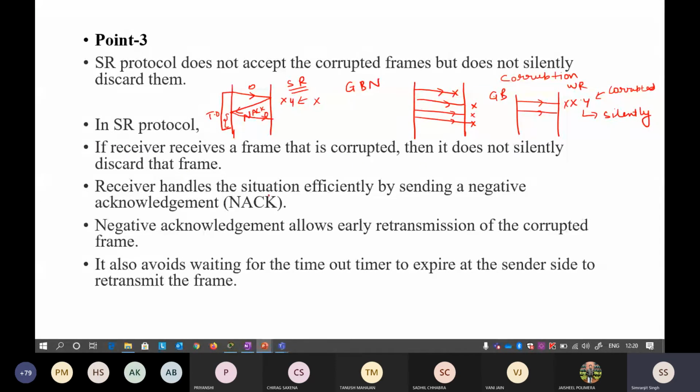The receiver handles the situation efficiently by sending a negative acknowledgement towards the sender. The negative acknowledgement allows early retransmission of the same packet, so it also avoids waiting for the timeout timer to expire at the sender side. That is the advantage of negative acknowledgement, and only the SR protocol has that feature.